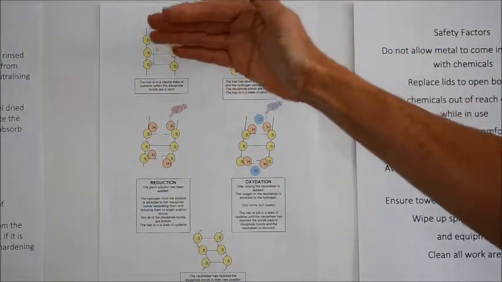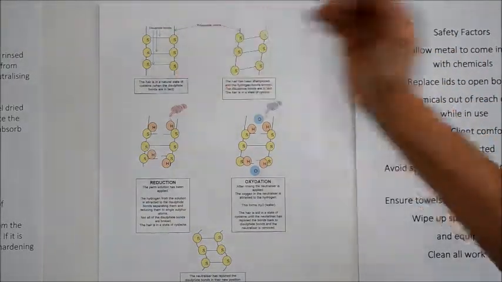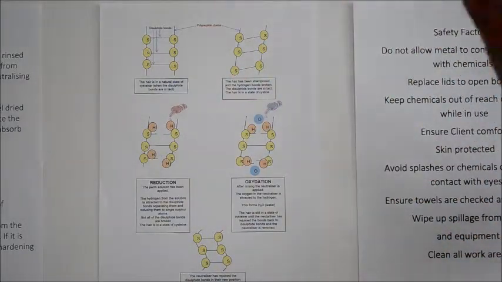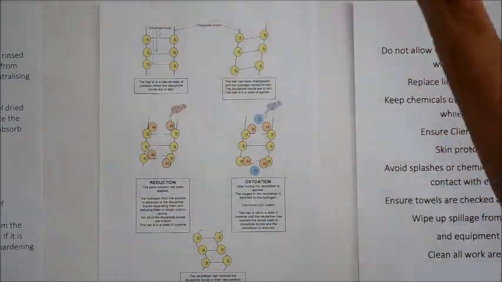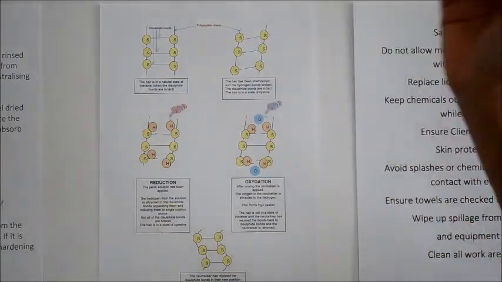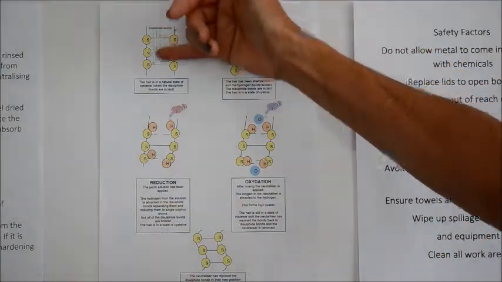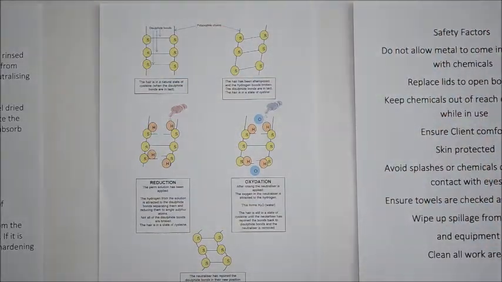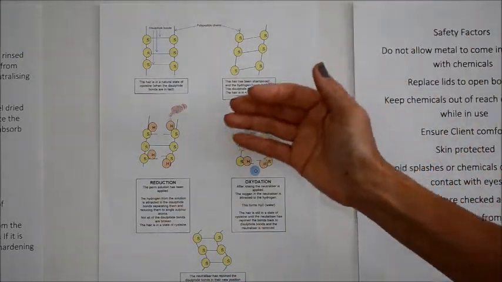When the hair is in an unaltered state, it is referred to as being in a state of cystine. Now remember, that means the hair shaft or the structure of the cortical fibres is unaltered. So through the natural process and the shampoo process, the hair is referred to as being in a state of cystine. During the reduction and oxidation process is where the hair changes to a state of cystine.